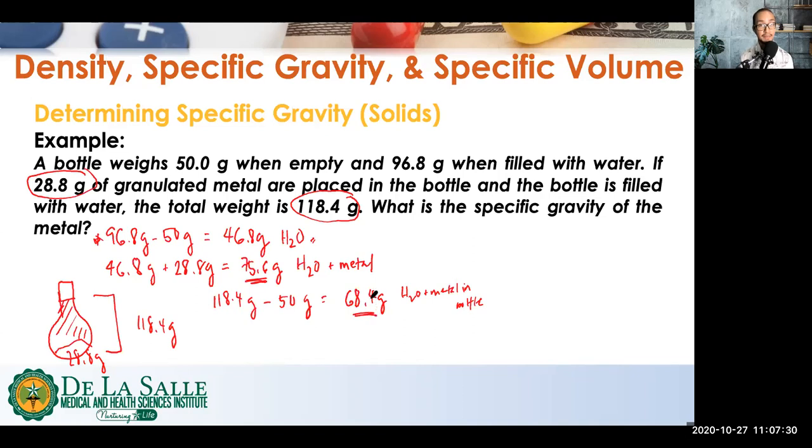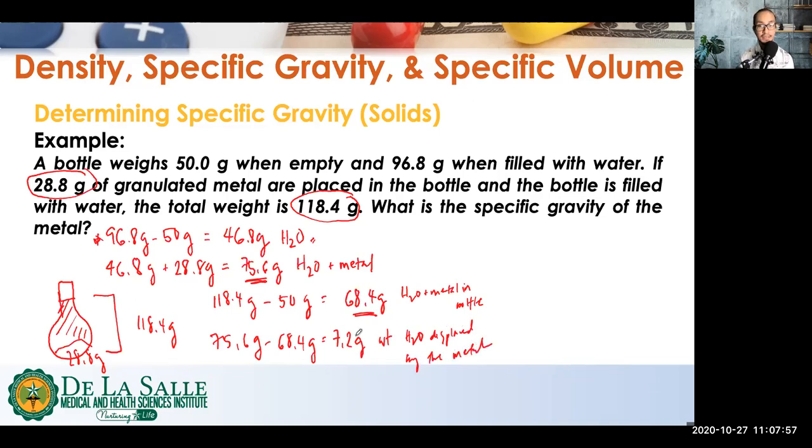What does that mean? The difference between the two will give you the weight of the water that is displaced by the metal. So 75.6 grams minus 68.4 grams is equal to 7.2 grams. This is the weight of water that is displaced by the metal.